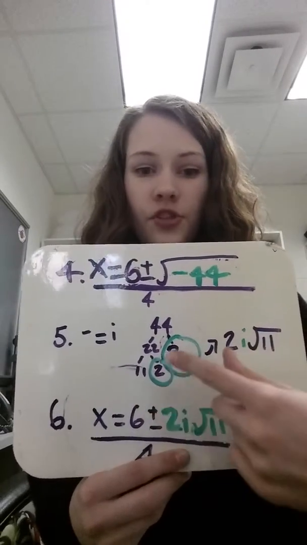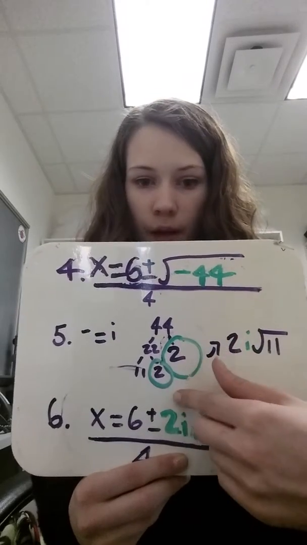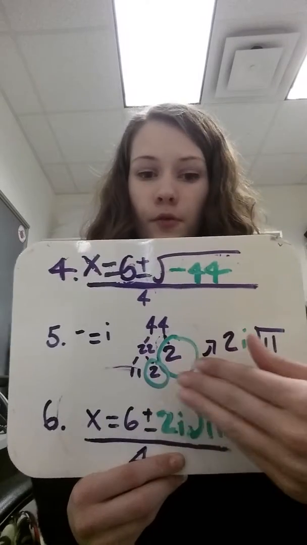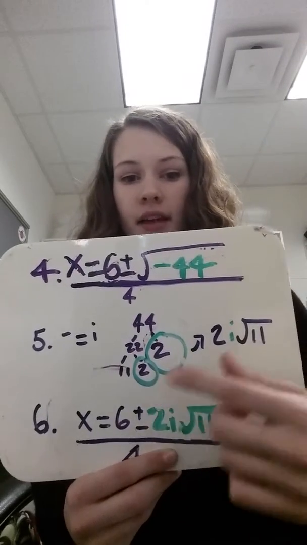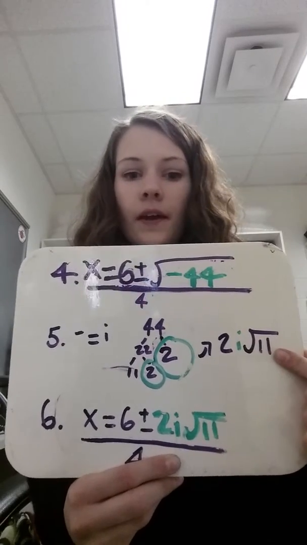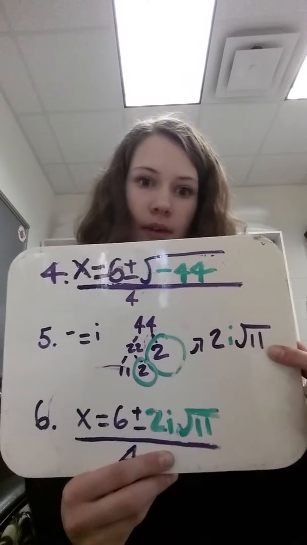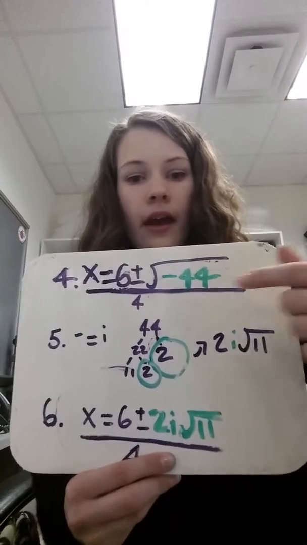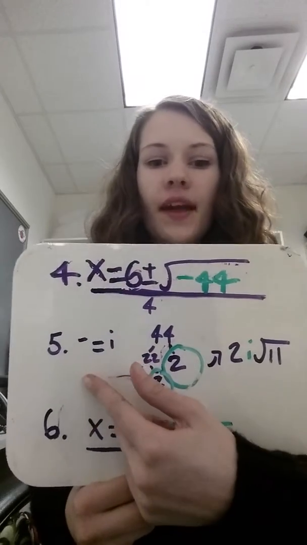And then you have two 2's, which means those make a perfect square, which would also be 4, and 4 is a perfect square. So 2 can go on the outside, right here, and 11 can go on the inside because you can't take the square root of 11 without it being a crazy decimal. And also, i is inserted for the negative.